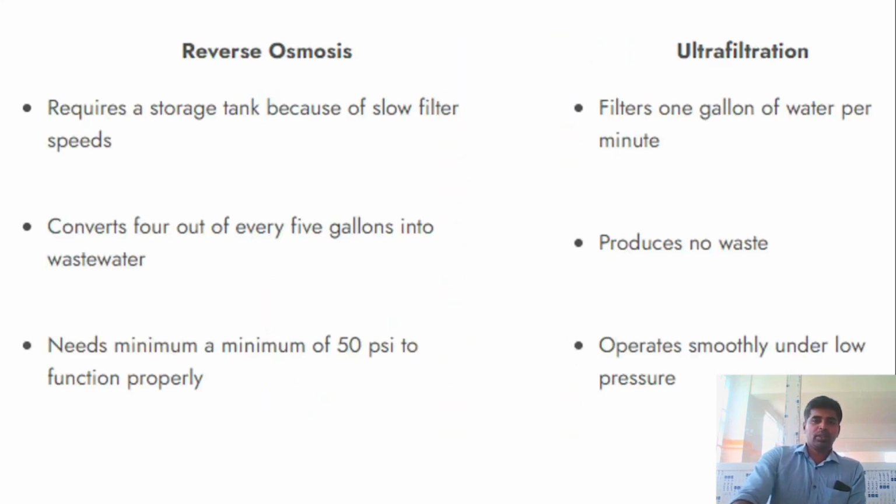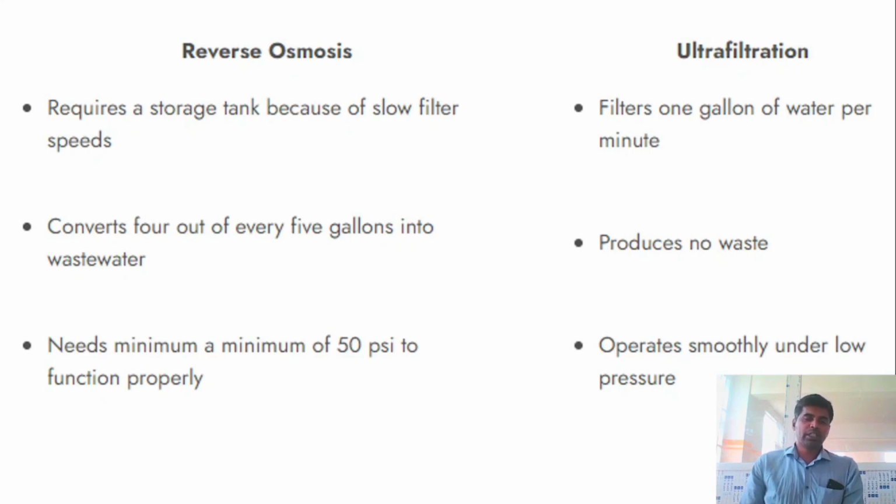The major differences are: reverse osmosis requires a long storage time because of a slow filter speed. Compared to ultrafiltration, reverse osmosis takes a longer time and requires a large storage tank. But ultrafiltration is very fast, at 1 gallon of water per minute, and 1 gallon is 4.5 liters, so 4.5 liters per minute.